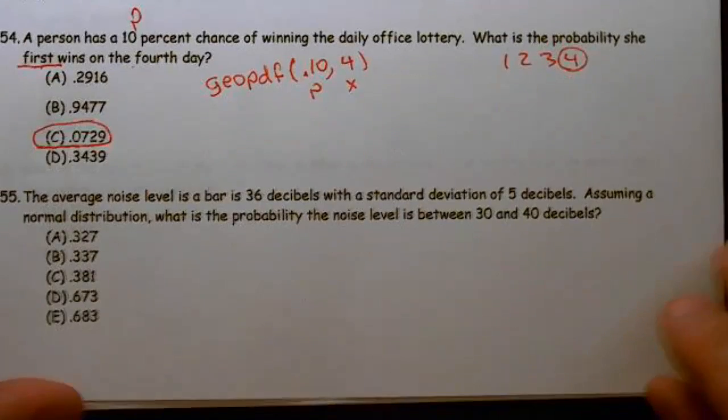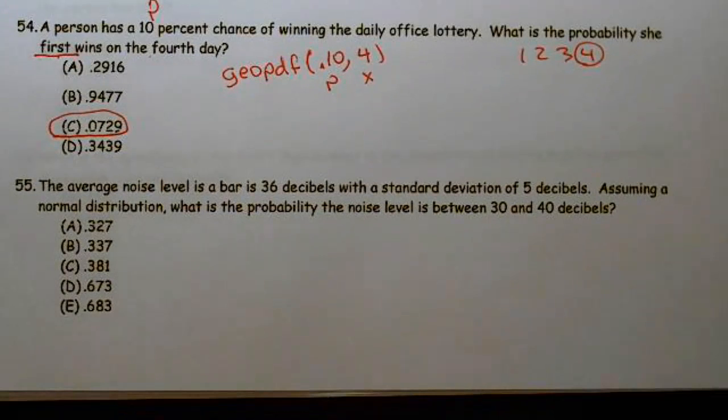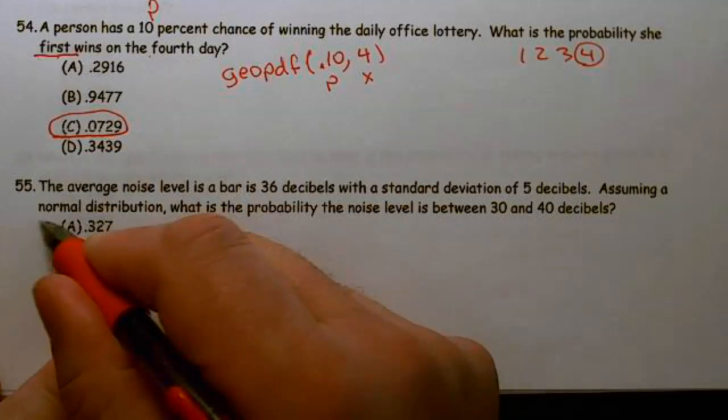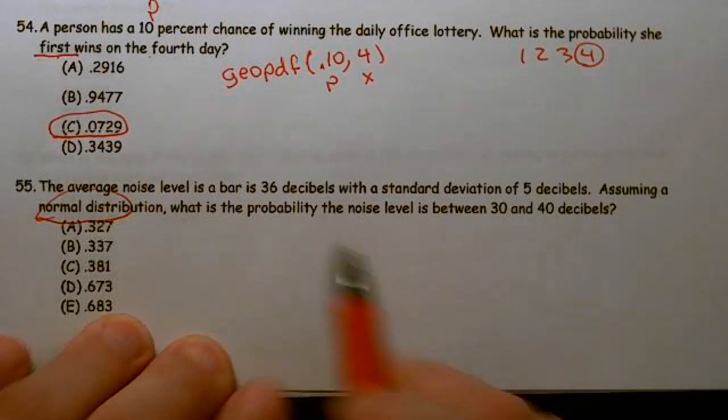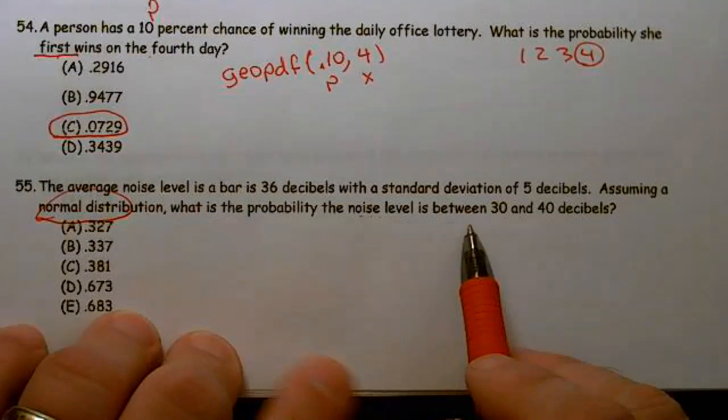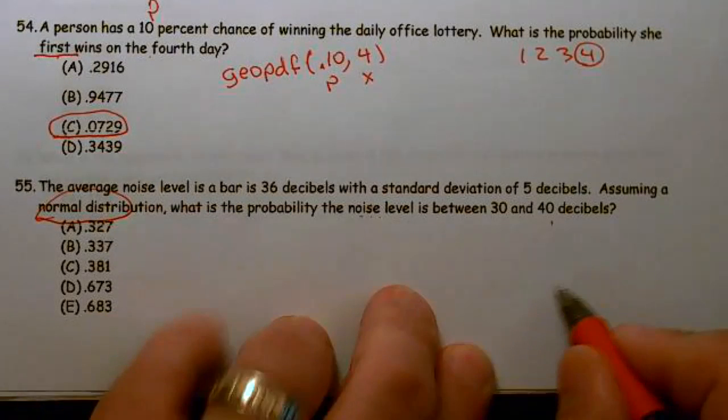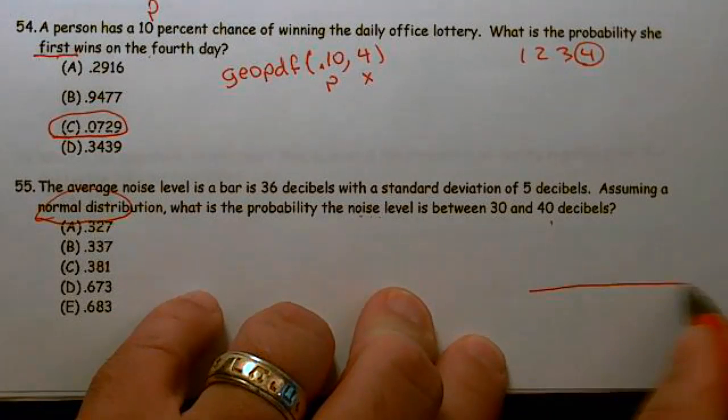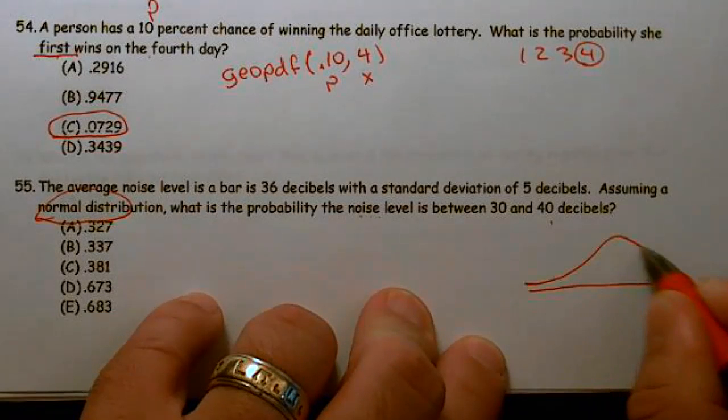Number 55. The average noise level in a bar is 36 decibels with a standard deviation of 5. Assuming a normal, okay, they tell me this is normal. What is the probability that the noise is between 30 and 40? So I need to draw my picture. My picture is this.